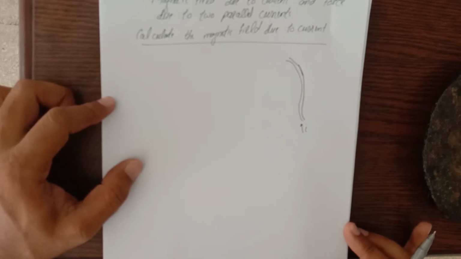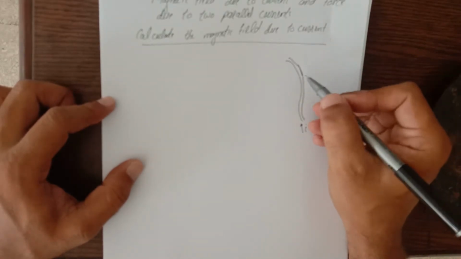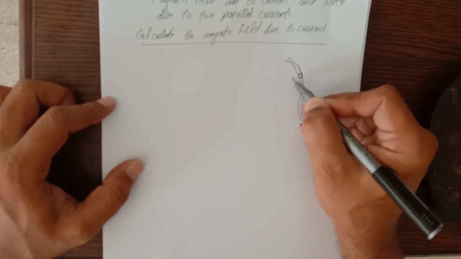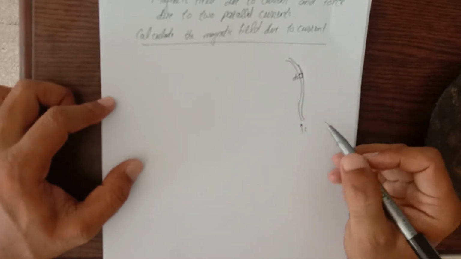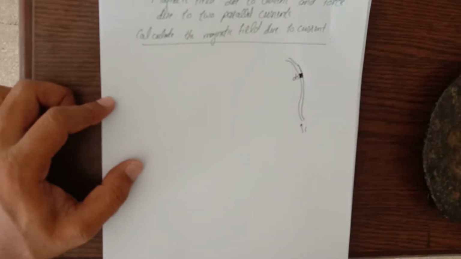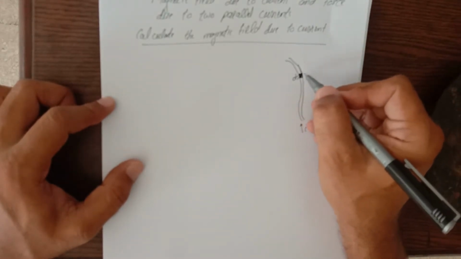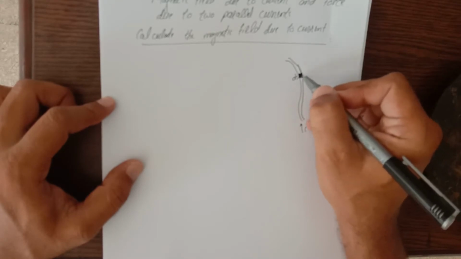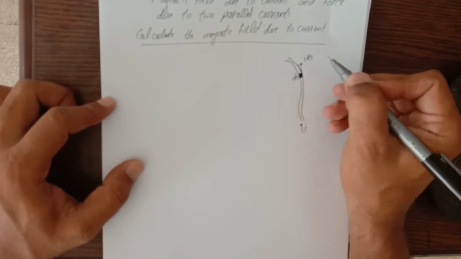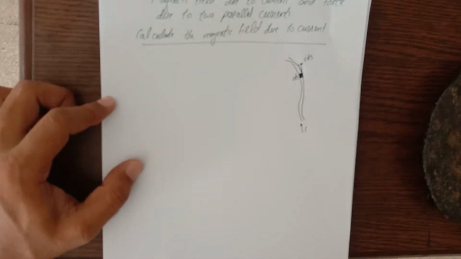Now, to calculate the magnetic field due to this current, I would take a small differential length of this current element as ds. This is my small differential length of current element ds. Now, the current that is flowing, and let's say this is my current length, which is I ds, and this is the direction of this current element.